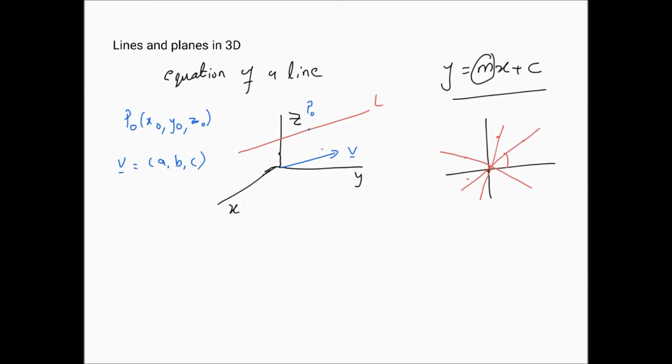So V is some vector that is parallel to this line. Now, rather than saying parallel, we can state a requirement like: given a point P0 on a line, the line being one that is parallel to the vector V, find the equation of the line.